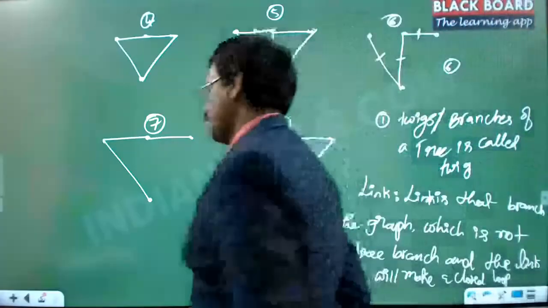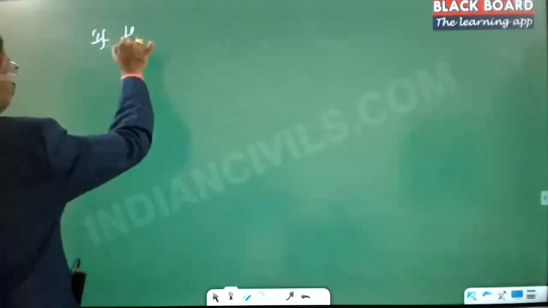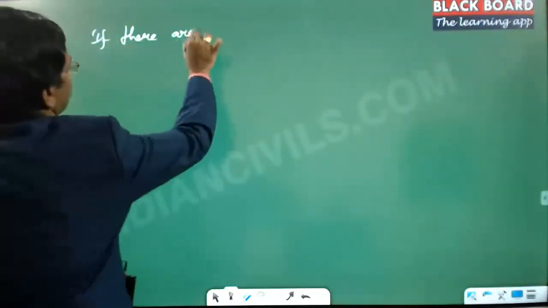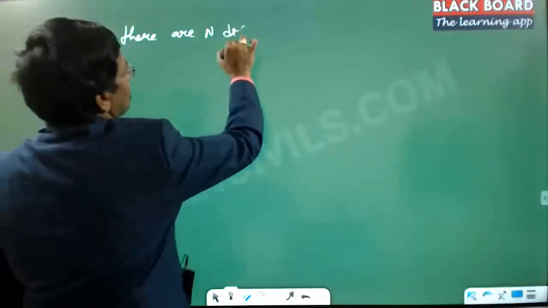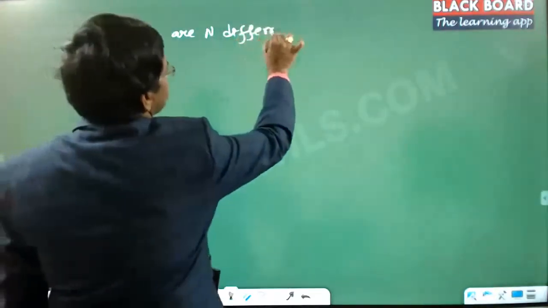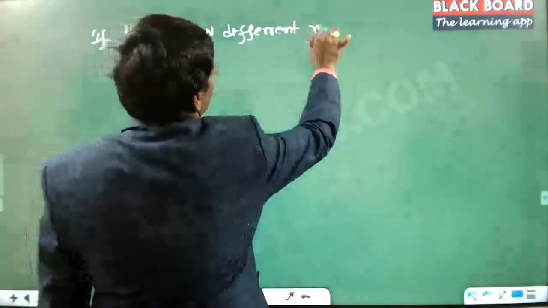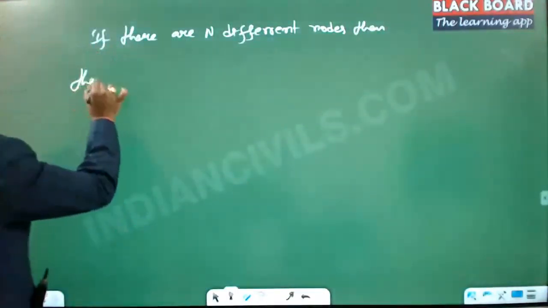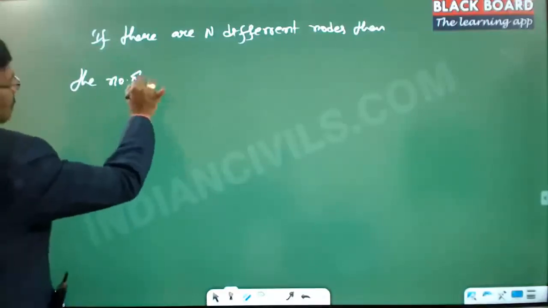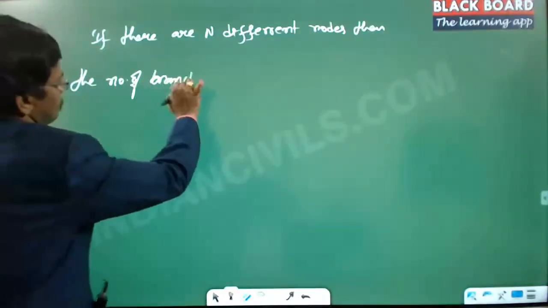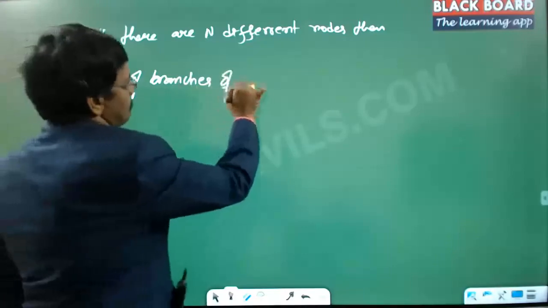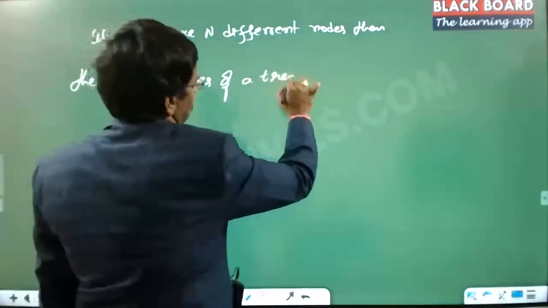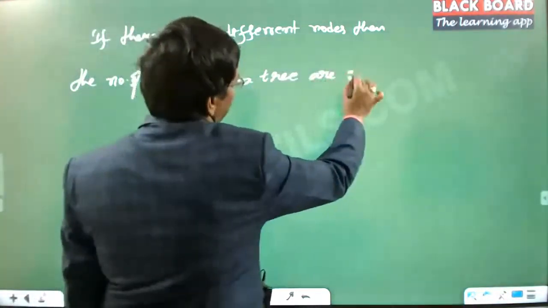Now in this case, suppose there are n different nodes, then the number of branches of a tree are how many?